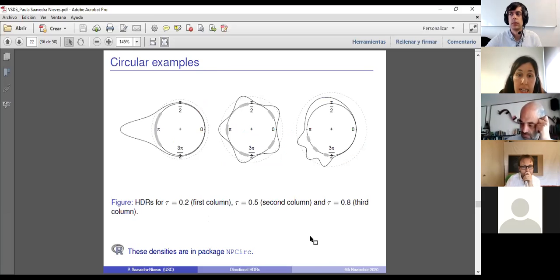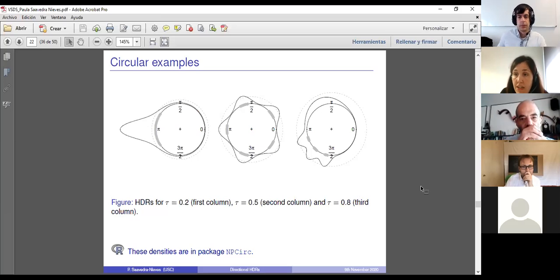Here I show you the highest density regions for three circular densities and three different values of the parameter tau. As you can see in the third figure, for this value of tau equal to 0.8, we are not able to detect this mode in the distribution.